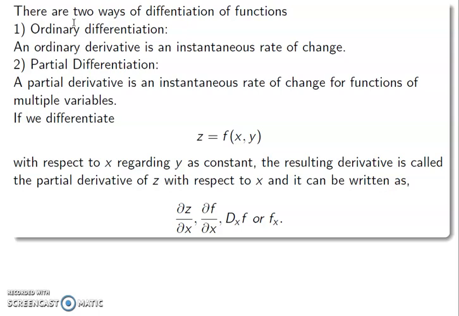So this is a major difference. When a function has more than one variable, that is multiple variables, we have to use partial differentiation. And normally if a function has a single variable, we can use the normal derivative, that is called ordinary differentiation.